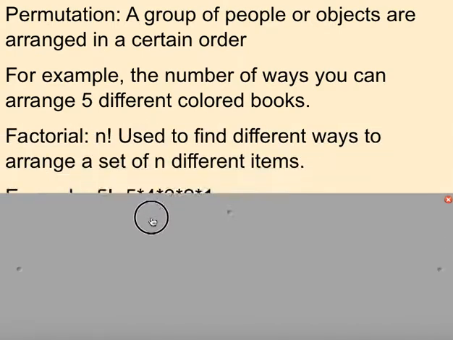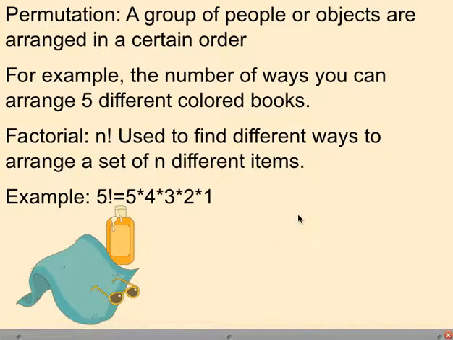Now, we are going to use something called a factorial, and we call it n factorial. That's what that exclamation point means. It's used to find different ways to arrange a set of different items. And how we calculate the n factorial, what we do is take n and then multiply it by the number before n, and then multiply by the number before that, and before that, and before that, all the way until we get to 1.